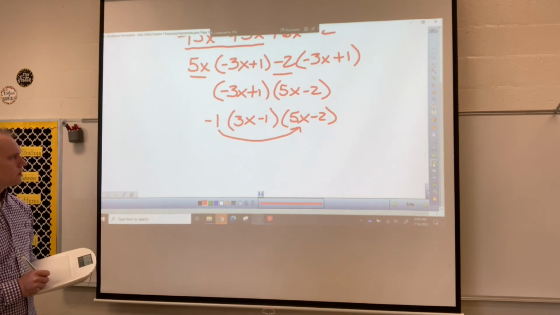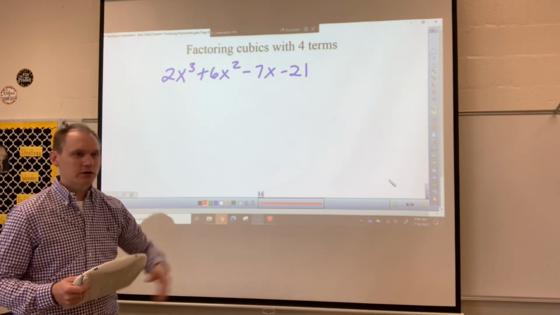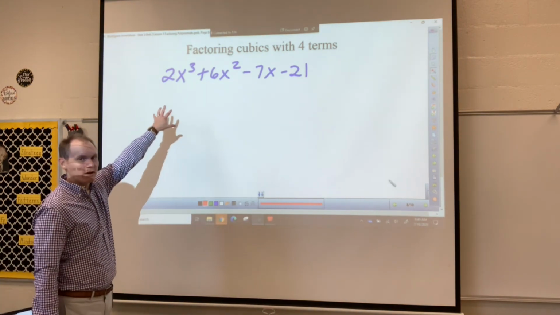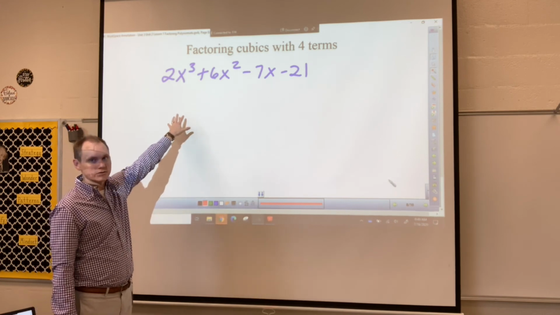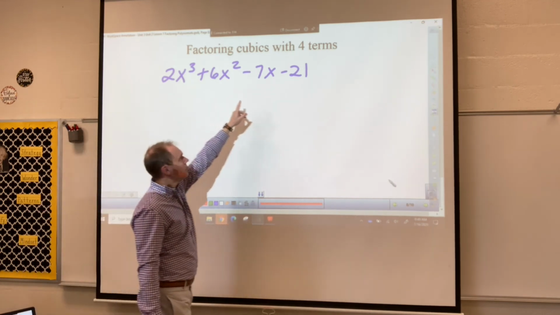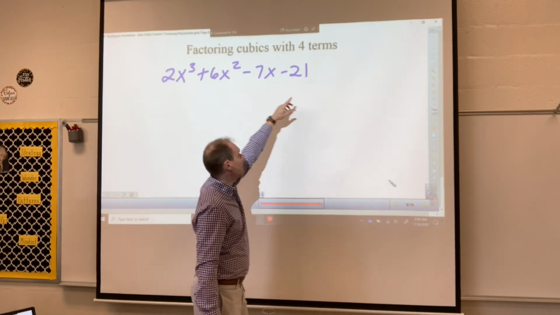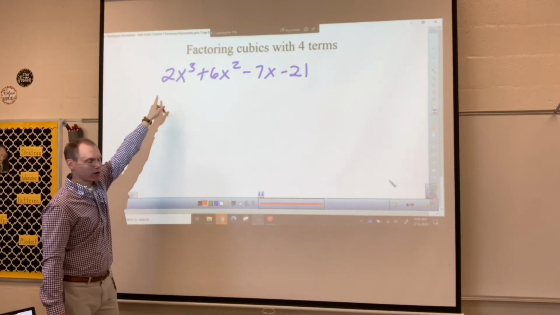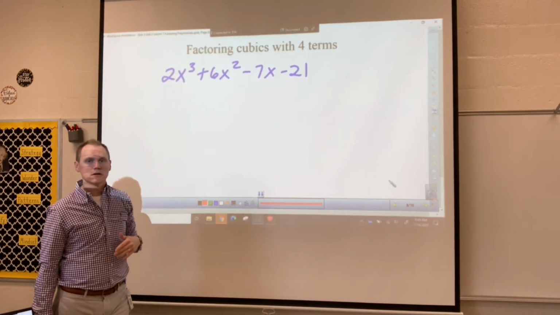All right, so let's go on to taking this idea to a cubic. So this is a standard form of a cubic. And if we're looking at this right now, we can't graph this and know anything about the graph except for the y-intercept, which is negative 21, and the end behavior, which is going to be down to the left and up to the right.